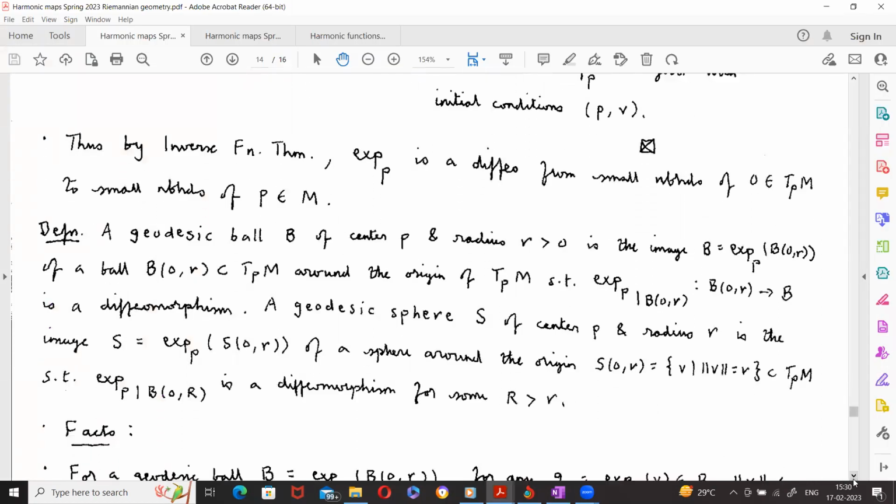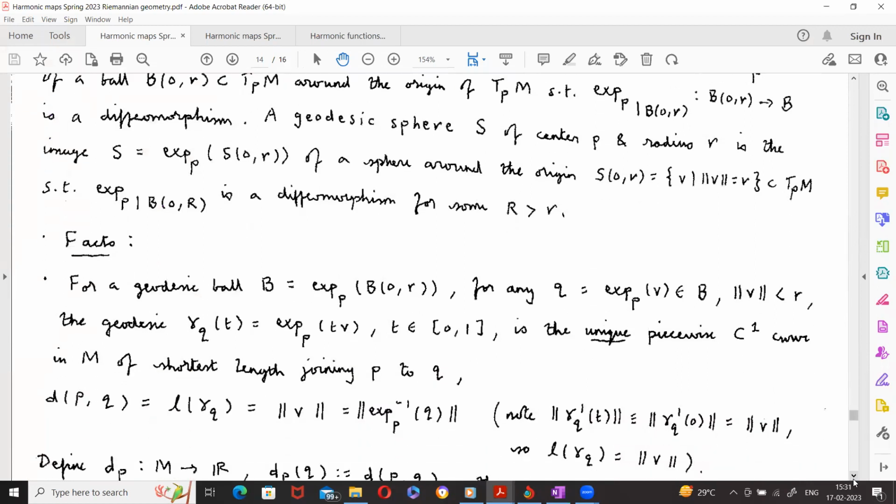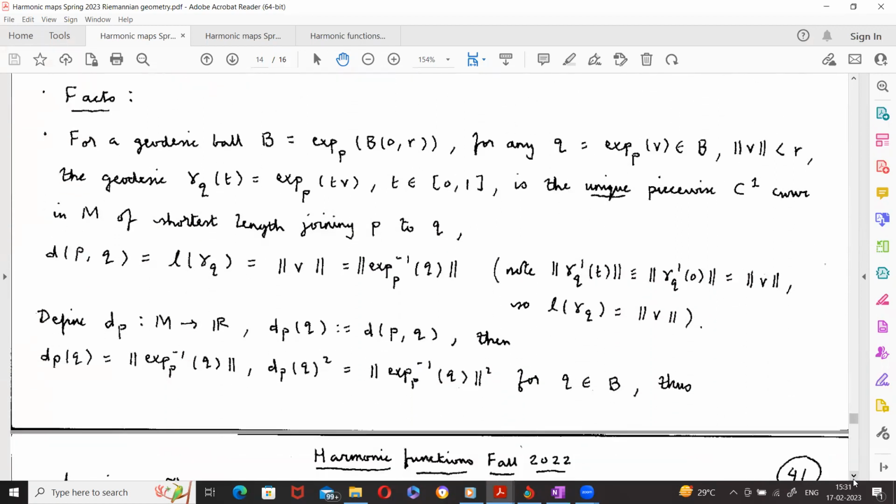So now here are some facts which we will not prove. The facts are the following. We can in fact say that geodesics will be locally length minimizing, in the following sense.